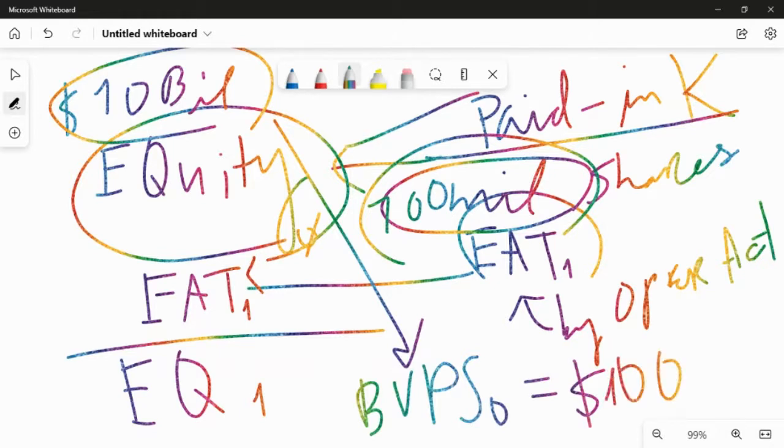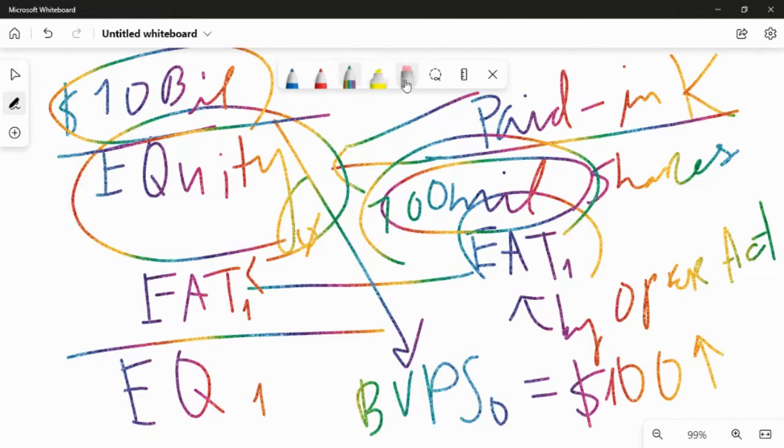Now think about it. The book value of $100 is supported because there are 100 million shares outstanding for this $10 billion. And the only way this price would go up is if more shares were sold.